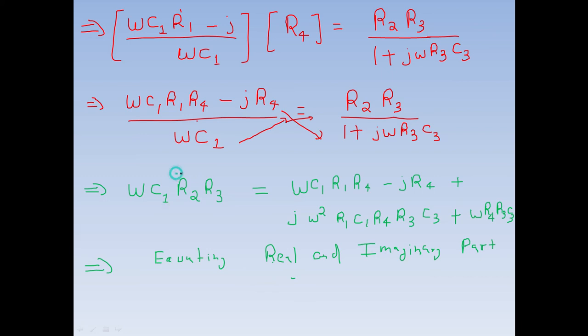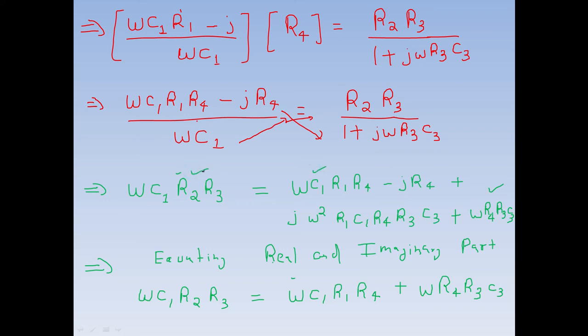So omega C1 R2 R3 is equal to, now left hand side real part and right hand side real part. So right hand side real part is omega C1 R1 R4 plus this omega R4 R3 C3, this part is the real part.